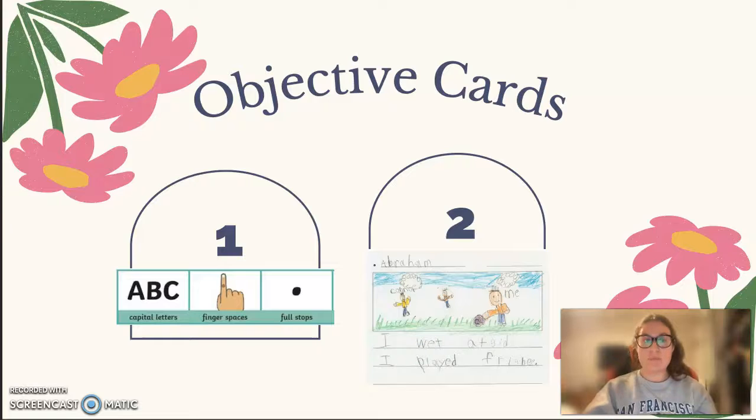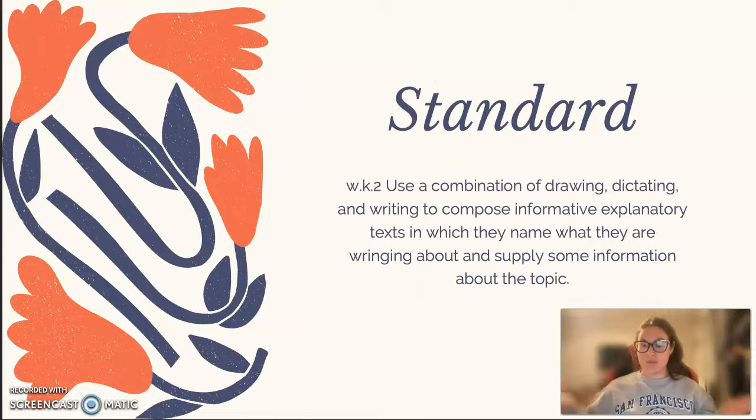Now, our standard, what is the standard? It's something that they want us to teach you, right? So for this lesson, we're going to be talking about how to combine the drawing. So what I just told you, how we're going to be drawing and then we're going to be writing an informative. Informative means that you're going to be telling someone about something.